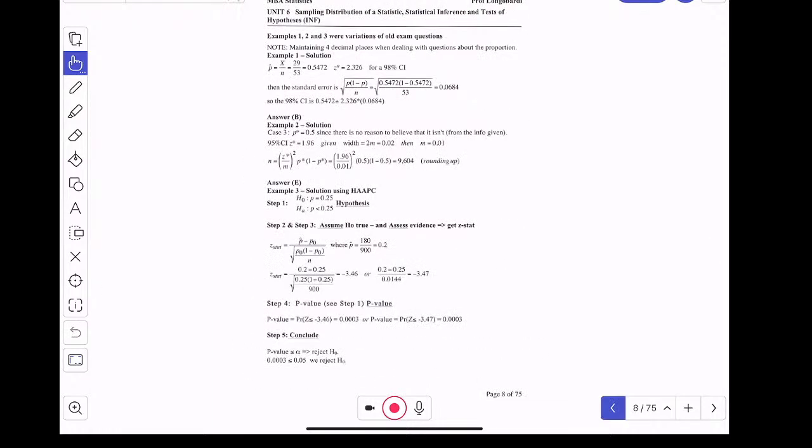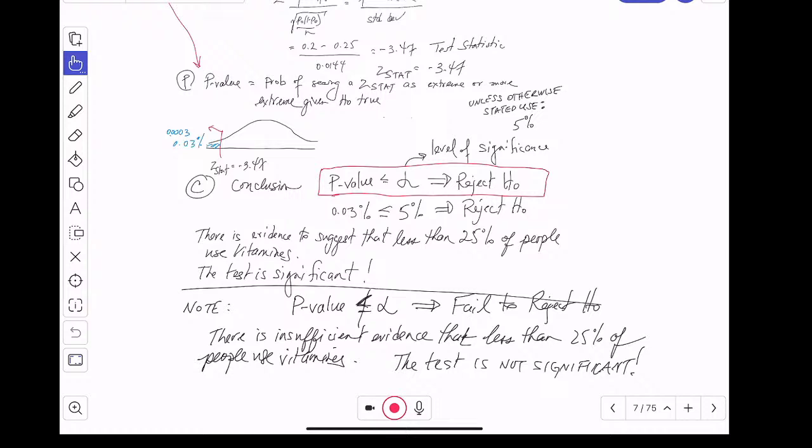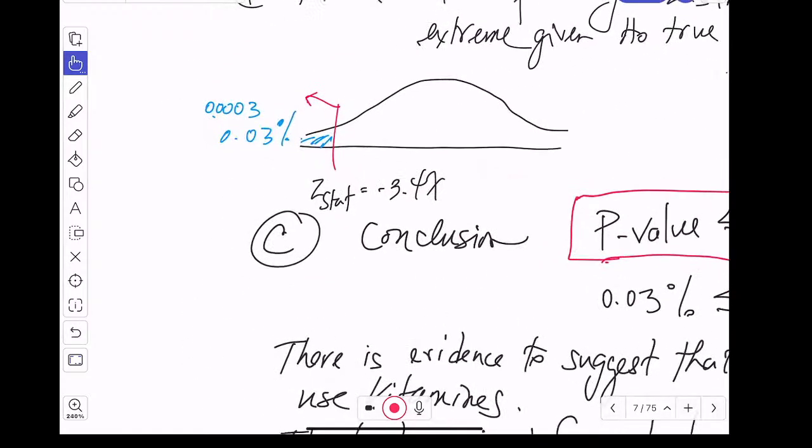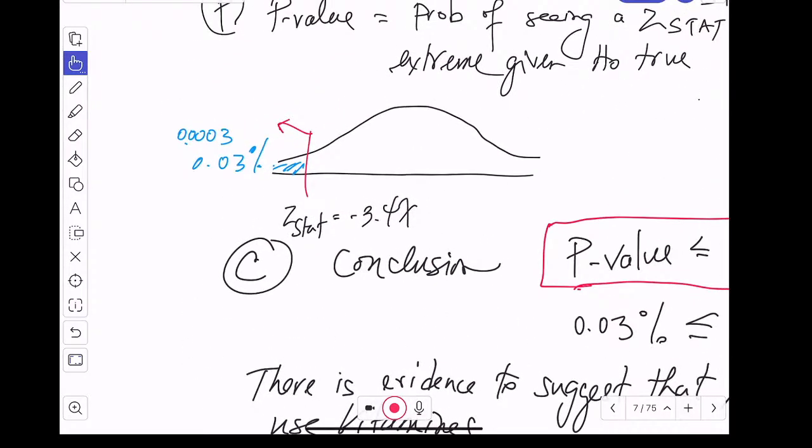Let me go back to my drawing for a moment. So what we've calculated here is the p-value. But at what threshold would I have rejected the null hypothesis? It didn't need to be that far out.